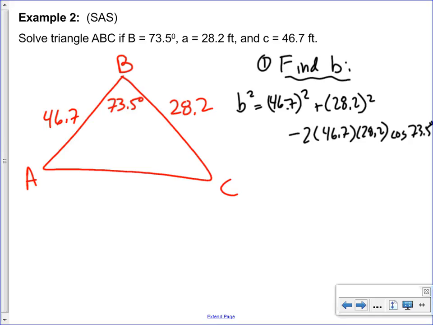Remember, take the two squares: 46.7 squared and 28.2 squared. Does it start with a... Oh, no, no. 7? 2, 9. I got 7, 6. Am I wrong?